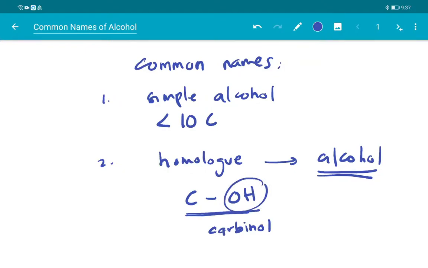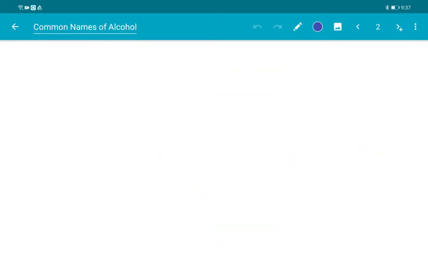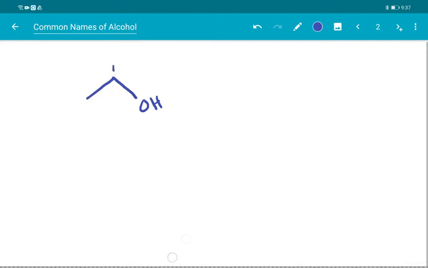Okay, so let's take a look at some of the examples. For instance, if we have two carbon which attach to the OH, if we refer to the IUPAC name, the numbering will be position 1, which closest to the OH, and 2 is the continuous carbon chain which attached to the carbon number 1.